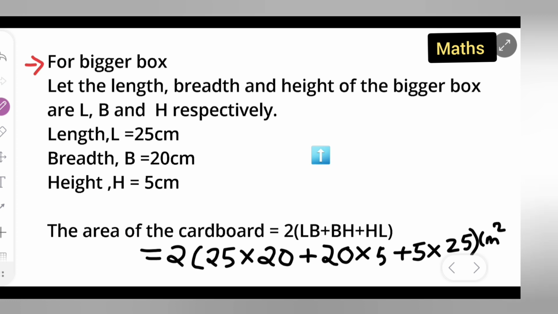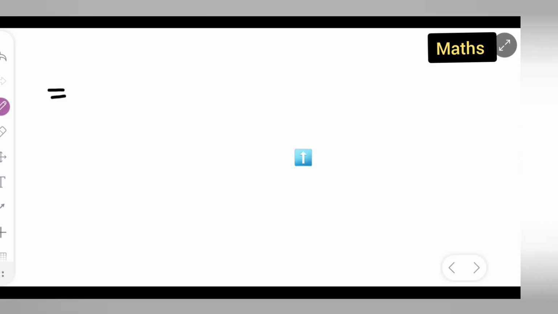So next step, what you are going to do? 25 multiplied by 20 will give you 500. 20 into 5 will give you 100. 5 into 25 will give you 125. So 2 into, write down, 500 plus 100 plus 125 centimeter square.